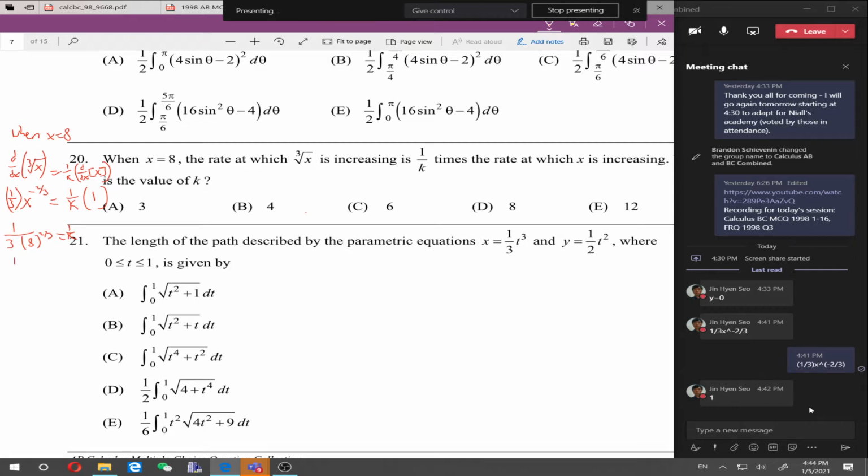So this is 1 over 3 times 4 is equal to 1 over k. So therefore 1 over 12 equals 1 over k. So what is k? 12. K is equal to 12. Any questions on 20?